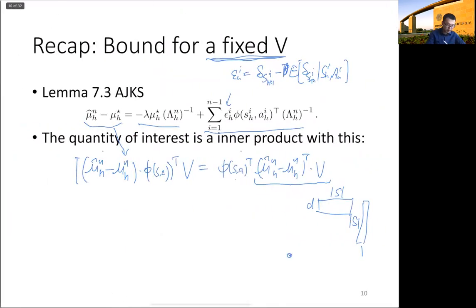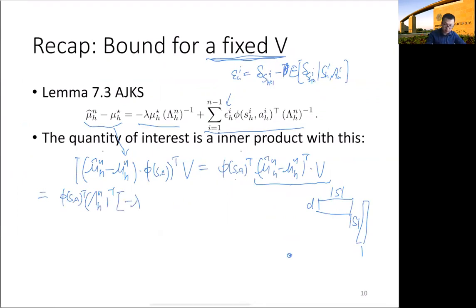And this becomes phi of SA transpose and lambda H_n inverse minus lambda.